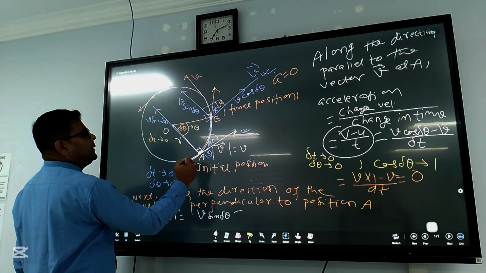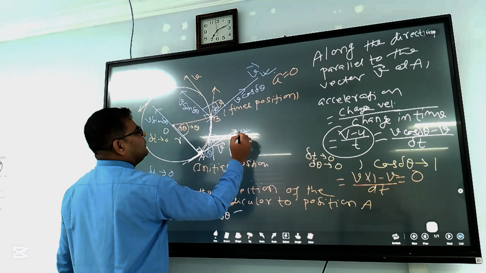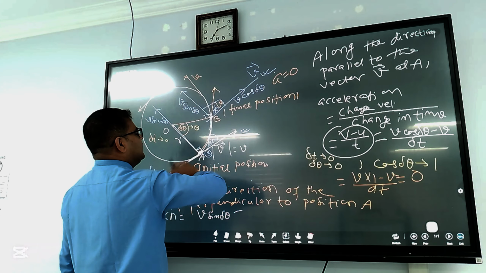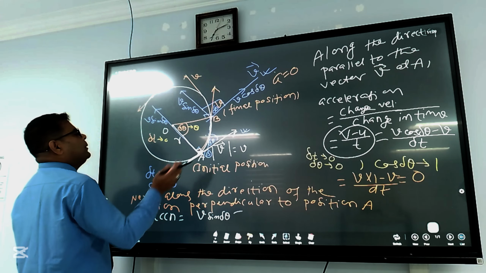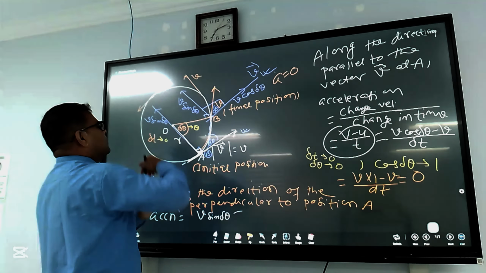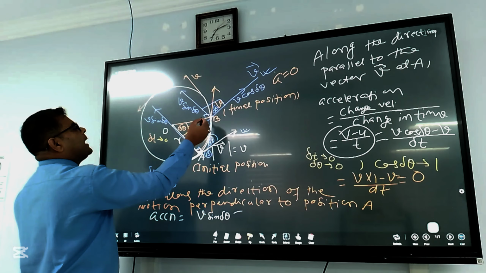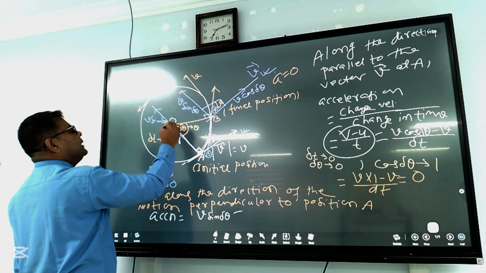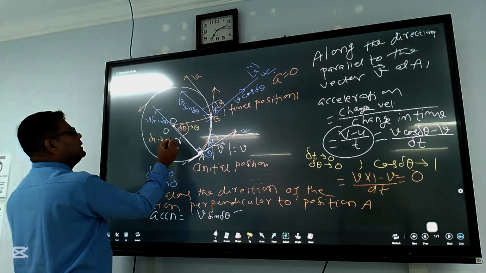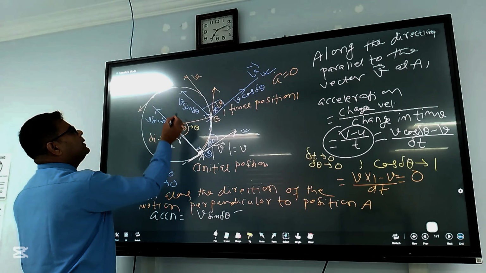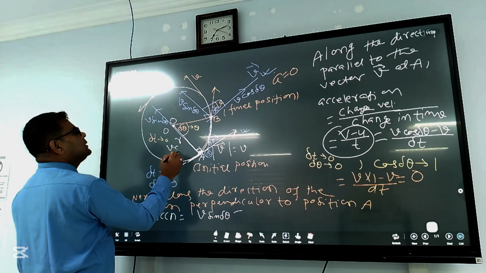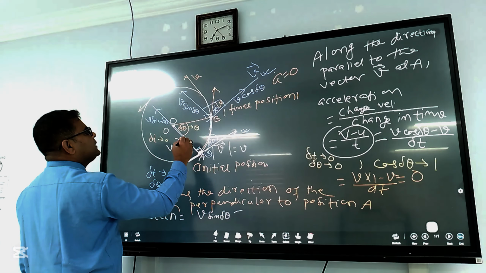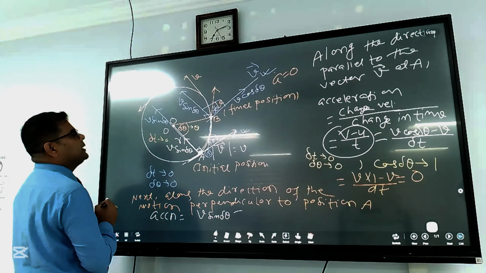That means at this point we have considered this velocity only, outside of this circle. However, due to some force, it is circulating. But what is happening here? This velocity is towards the center of this circle. That means this line is very close to the line v sin del theta, and you see that its direction is towards the center.